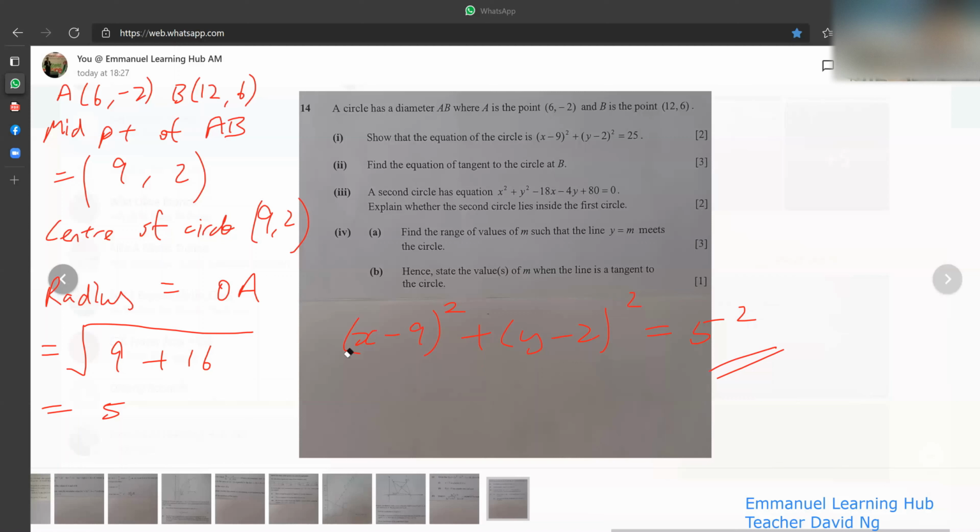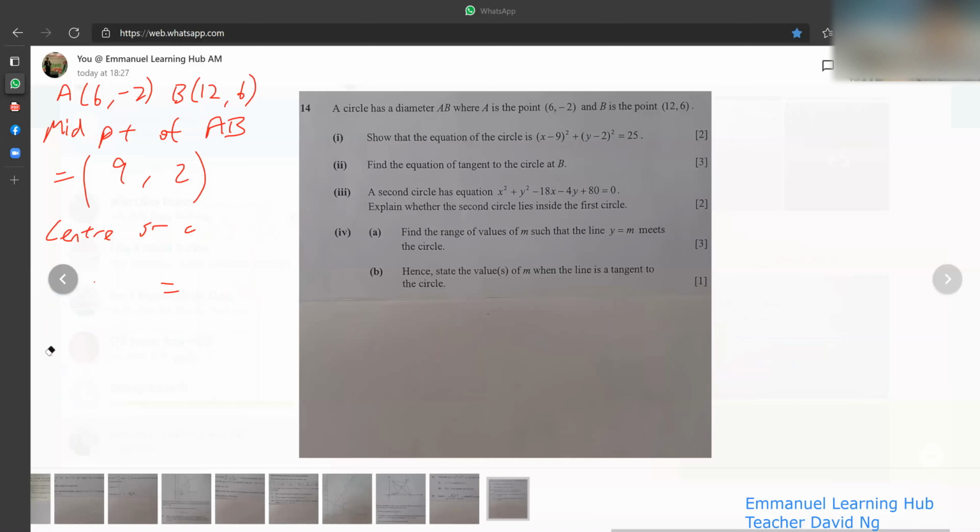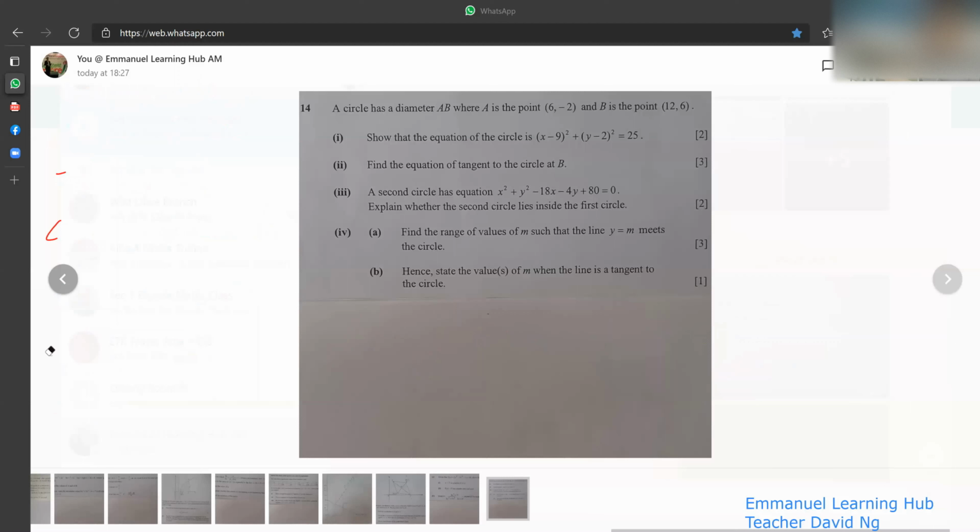Okay, part two, find the equation of the tangent. I need to write down the equation of the tangent first because I think I might need the answer to do part four.